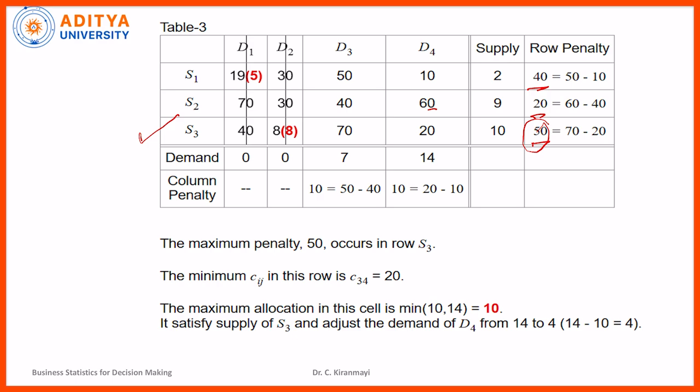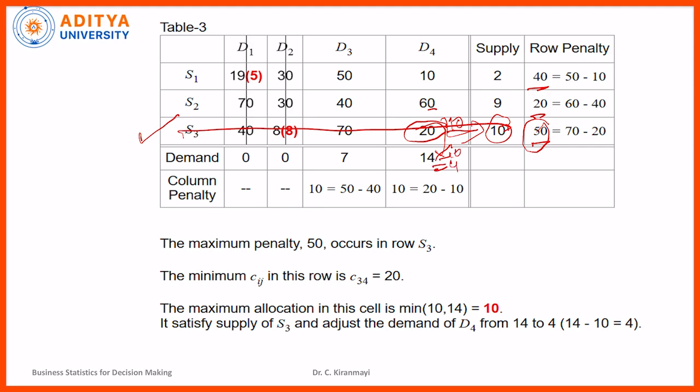In the third row, 20 is the least cost, that is cell 3, 4. The corresponding supply is 10, the corresponding demand is 14. 10 is lesser, therefore allocate 10 units, strike off this row. 14 minus 10, 4 units remain.